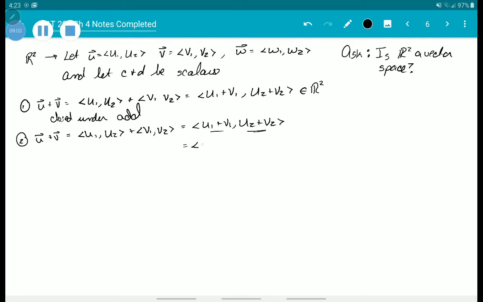And we know we can add real numbers in any order. And that's the same thing as V plus U. So we have satisfied the commutative property of addition. So we're good there. Now let's look at 3.